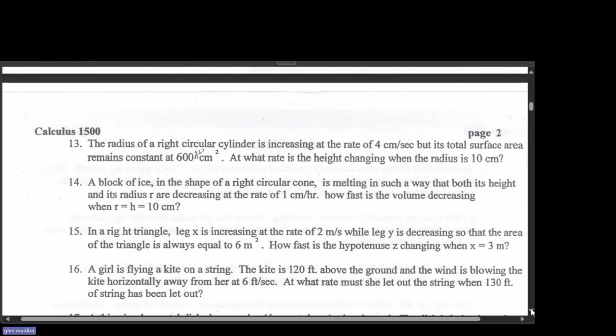Please, now let's talk about this. Let's look at the first line. The first sentence is saying, a girl is flying a kite on a string.